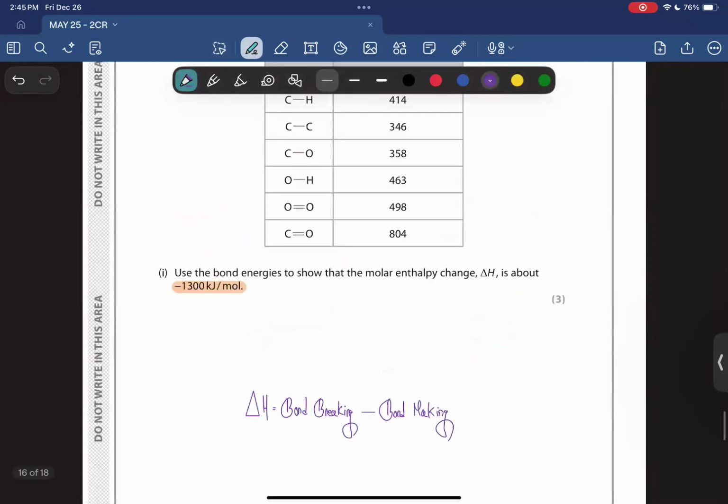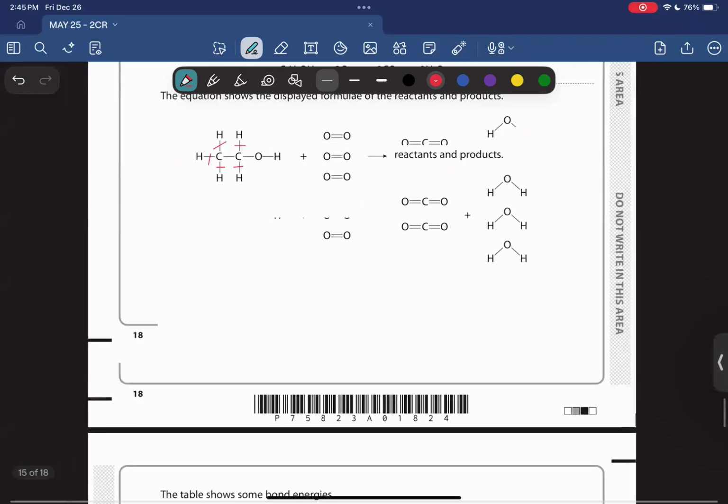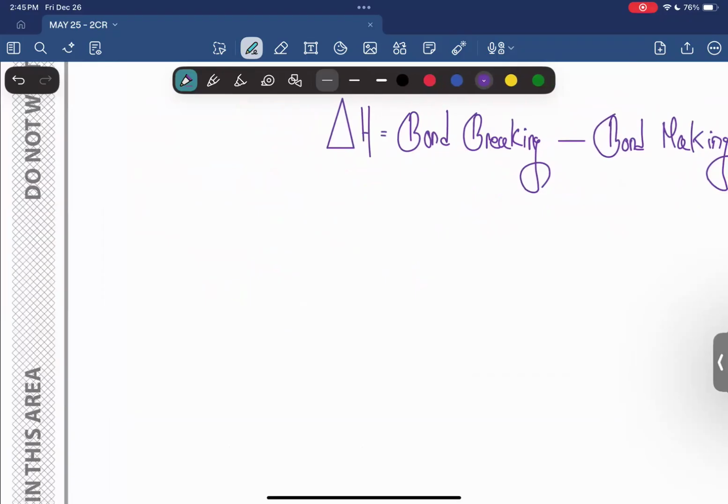So what are the bonds that are being broken over here? We have the C-H bond being broken. How many C-H bonds are there? 1, 2, 3, 4, 5. So 5 C-H. Let's make a table for bond breaking.